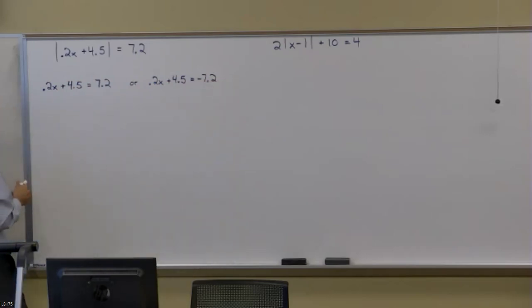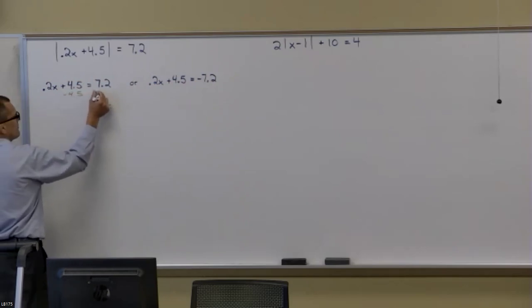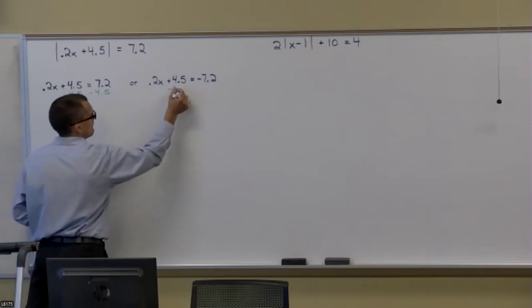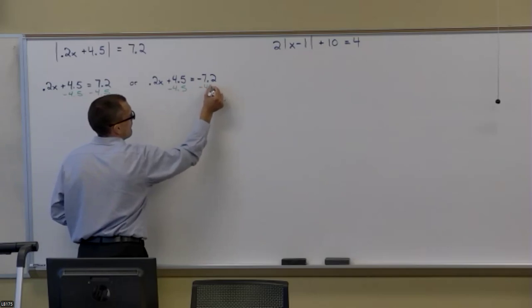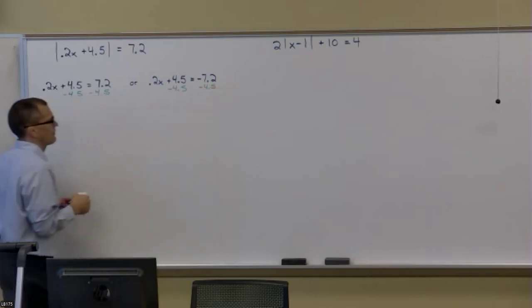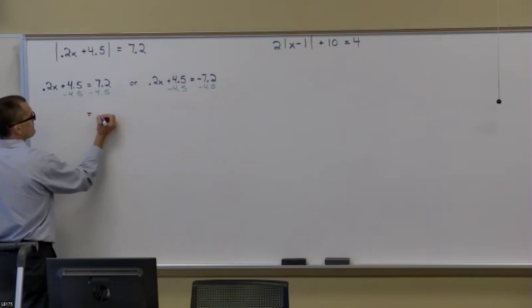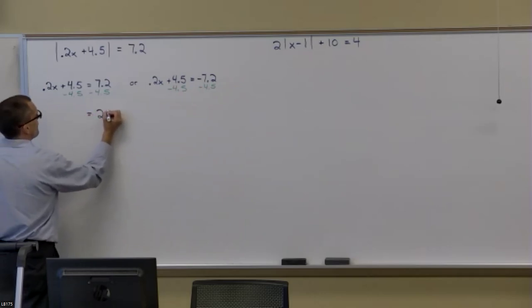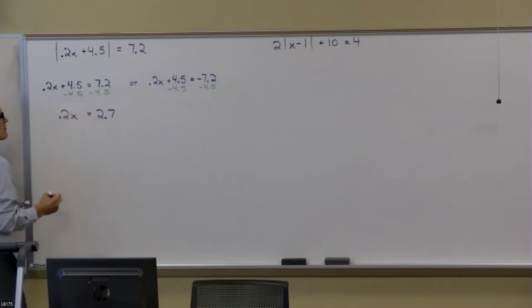In both cases, I'm going to subtract 4.5 from each side. So I end up with 0.2x is equal to 2.7.